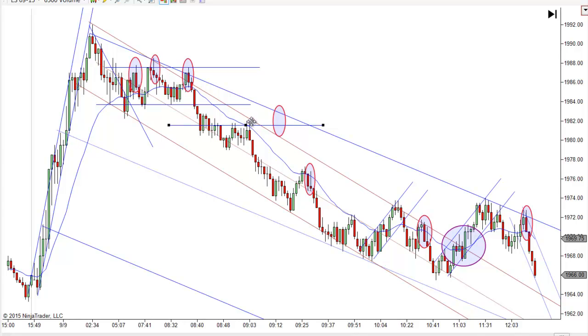And then it comes up short about the same distance it overlapped there. That's a sign that hey, we may be gonna go lower. It's not something you want to bank on. It's just another reason you can throw in there. The big thing is that it looks like it's a failed second entry long.